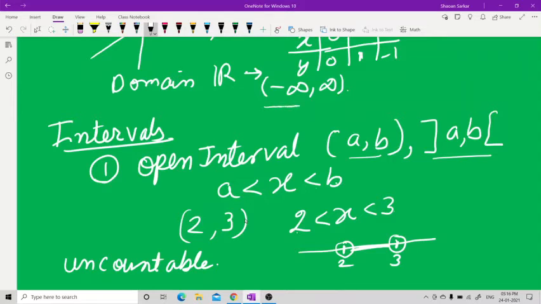And this is an open interval in which everything is between minus infinity and plus infinity.